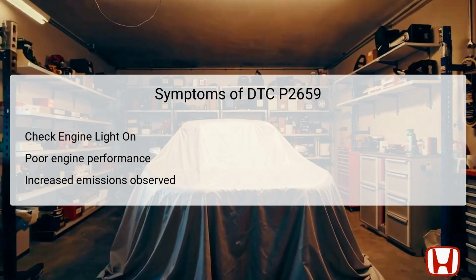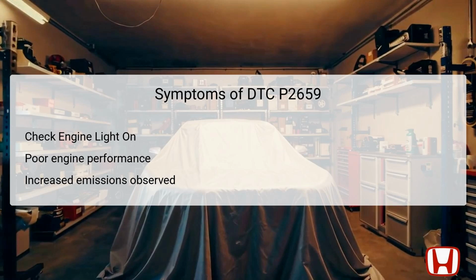When the P2659 DTC is present, several symptoms may manifest, indicating that the vehicle is experiencing issues. The most noticeable symptom is the illumination of the check engine light on the dashboard, alerting the driver to a potential problem. Along with this warning light, poor engine performance may become apparent, characterized by sluggish acceleration and irregular engine operation.